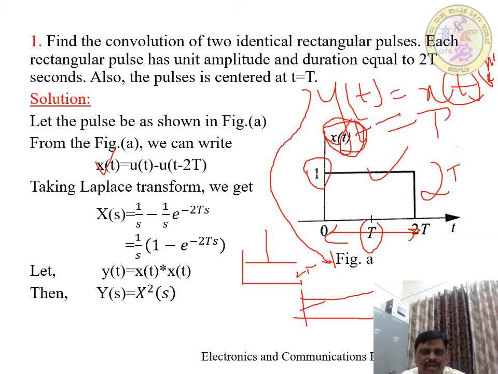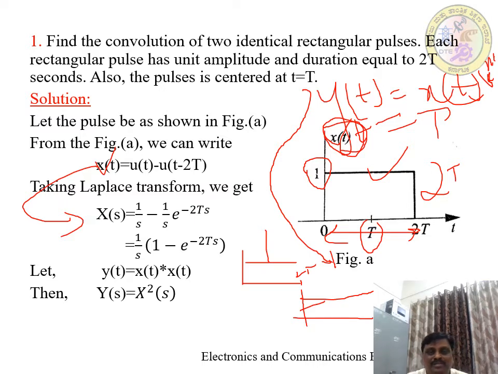You can see here, x of t is u of t, a step function with magnitude 1, minus u of t minus 2T, which is the step function delayed by 2T. If I take the Laplace transform, as I said many times, we'll use the LT pair.